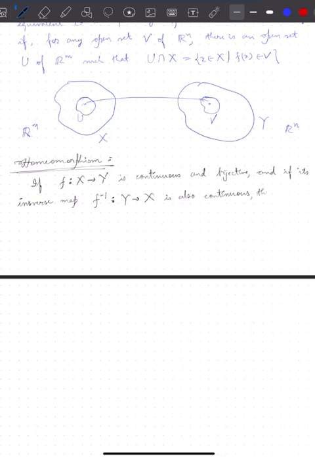Then F is called a homeomorphism. And X and Y are said to be homeomorphic.